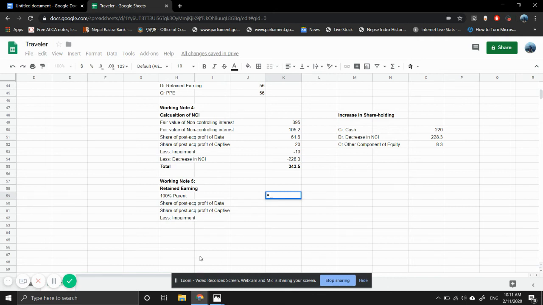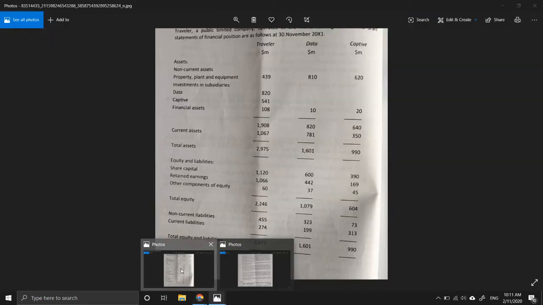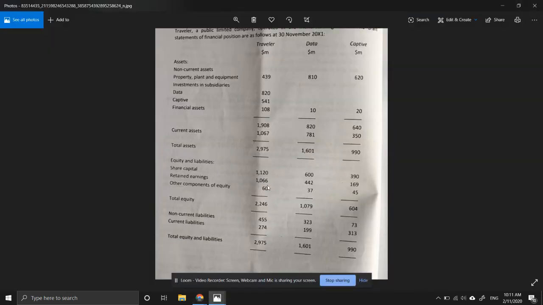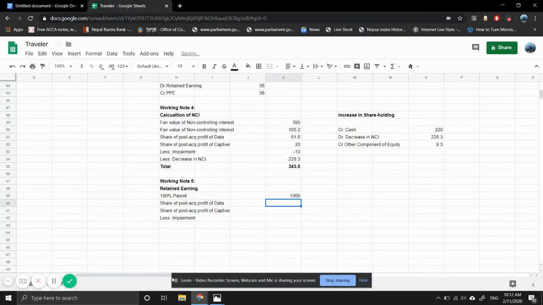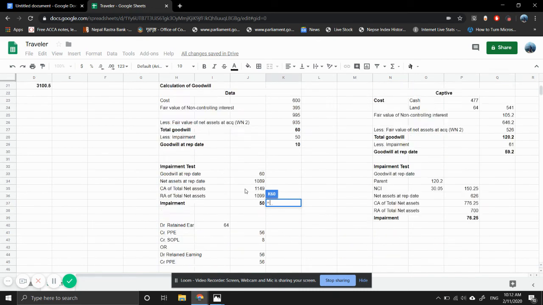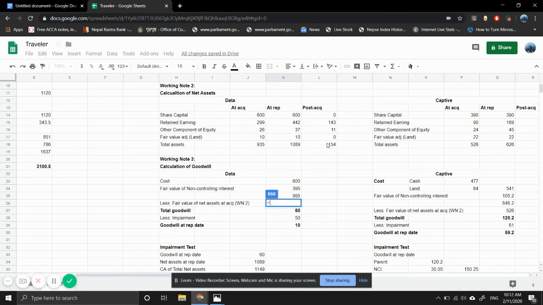Alright, so what was the parent's retained earnings? 1066, right? And then when calculating this figure, what we need to take into account is the share of post acquisition profit. So it's bracket this minus this, because other component of equity we need to separate as well, right?